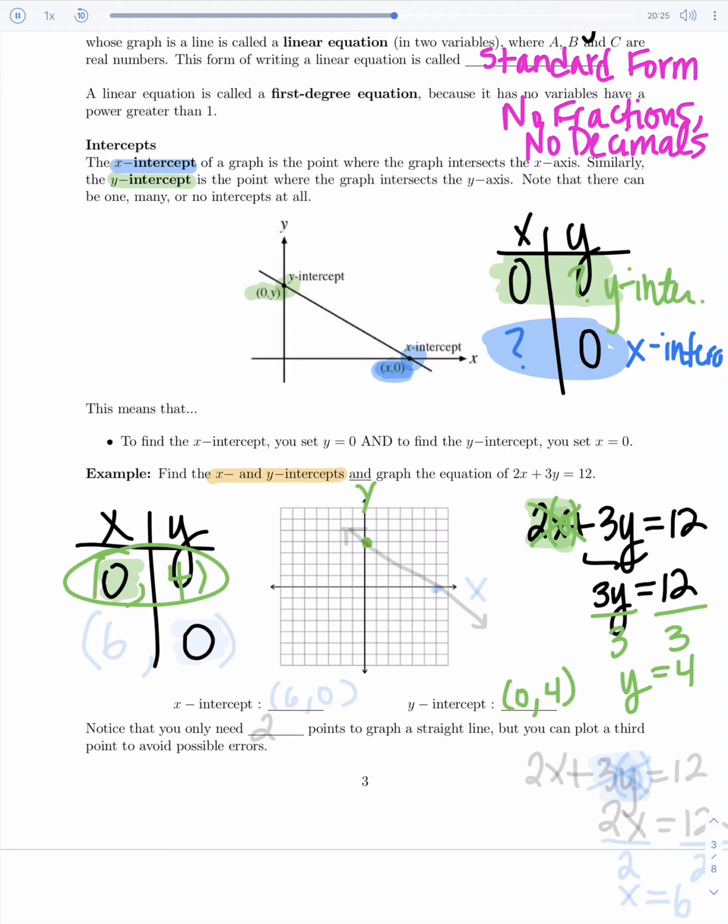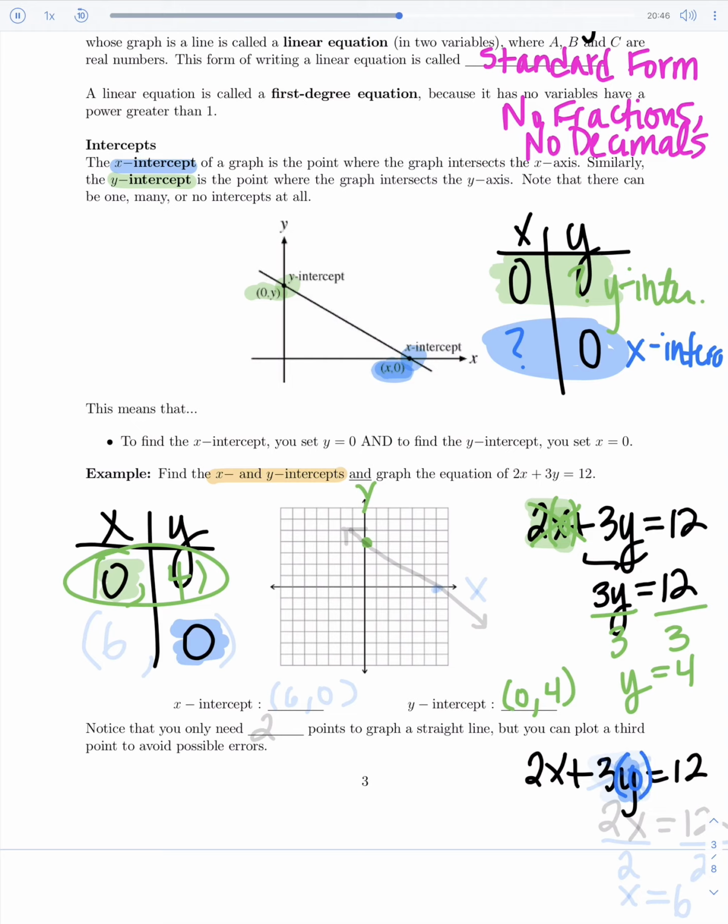Now let's find the other intercept. The other intercept has us plugging in 0 for y. I need to rewrite my equation again, which was 2x plus 3y equals 12. So let's go ahead and make the swap. We're going to replace that y with a 0, in parentheses.